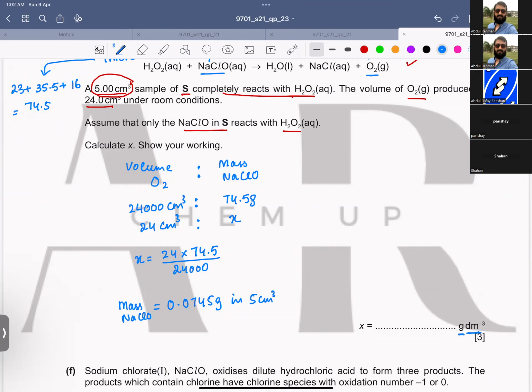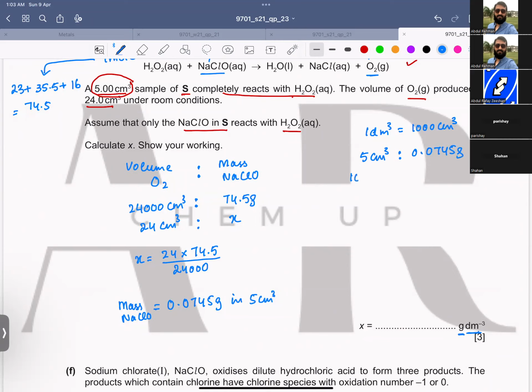So we know that 1 dm cube is equal to 1000 centimeter cube, right? In 5 centimeter cube of S, we have 0.0745 grams.